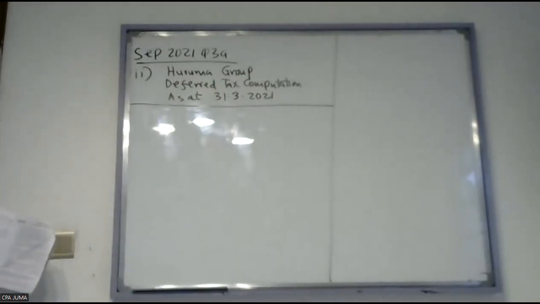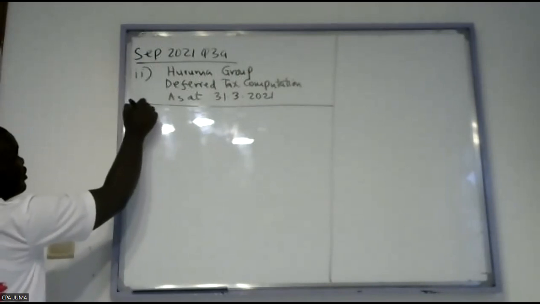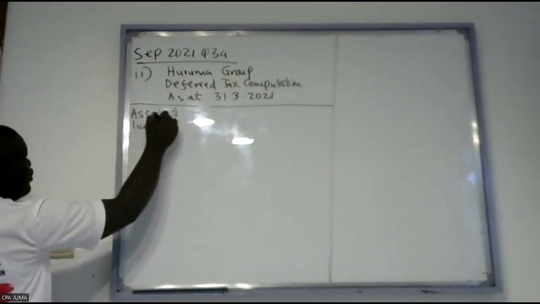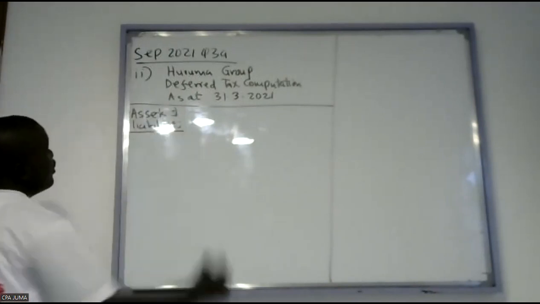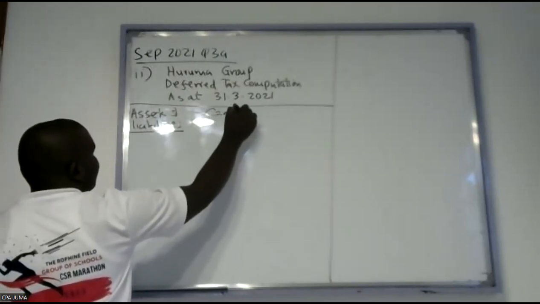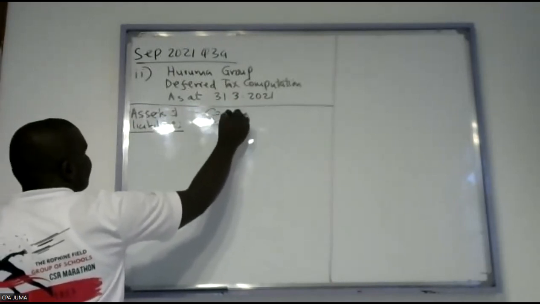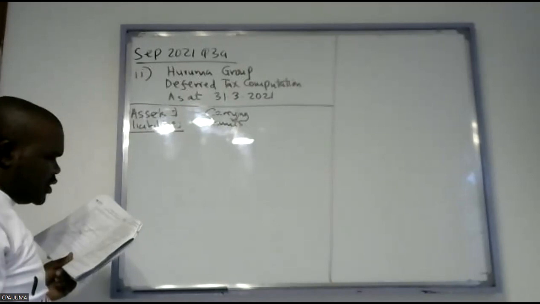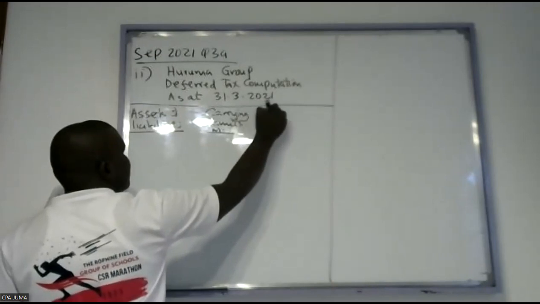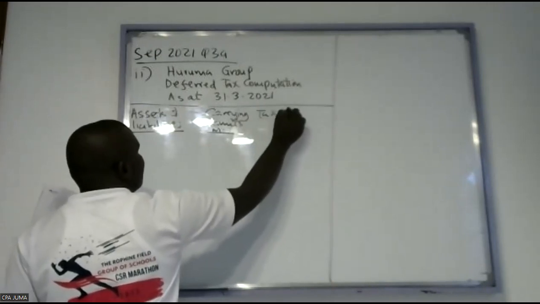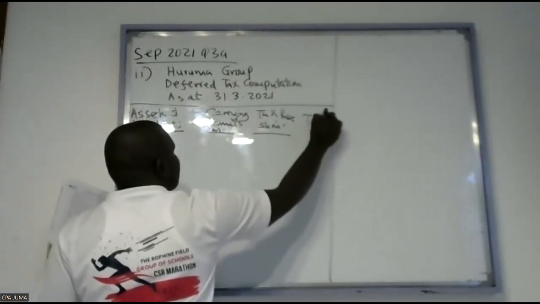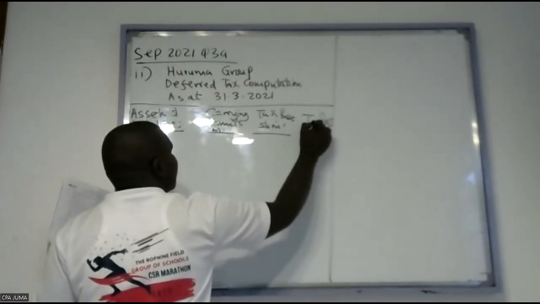You'll have here assets and liabilities, then carrying amounts, shillings in millions, tax base, shillings in millions, temporary differences, shillings in millions.